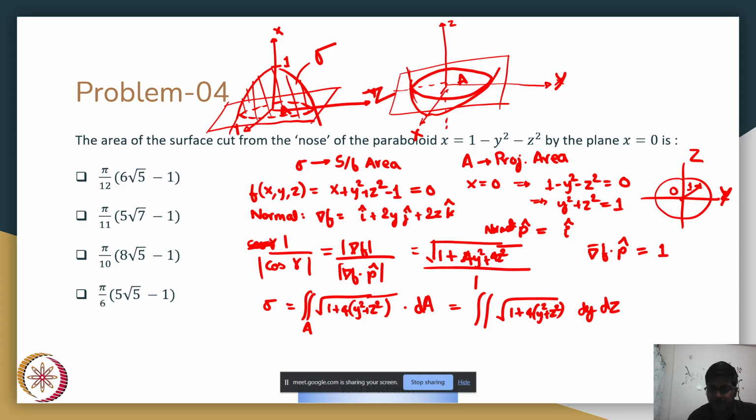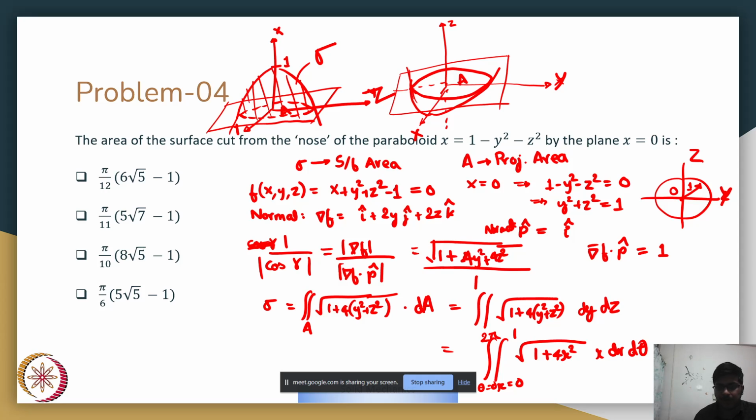If we convert this to polar coordinates in the yz plane, it becomes 1 plus 4r square r dr d theta. R is varying from 0 to 1, theta is varying from 0 to 2 pi.